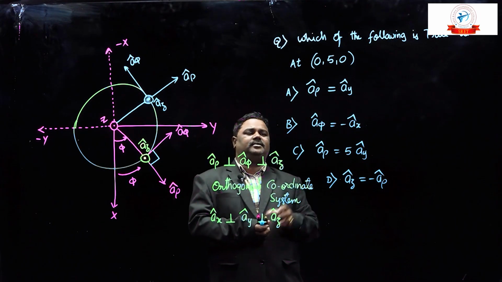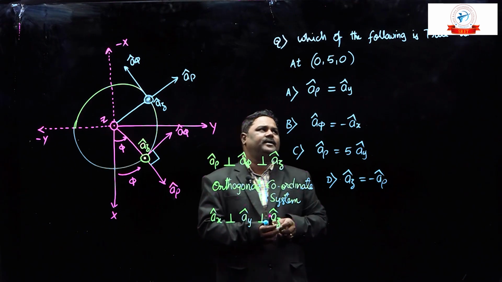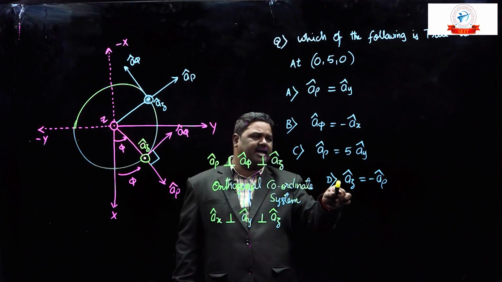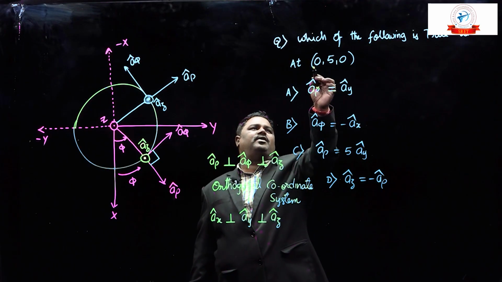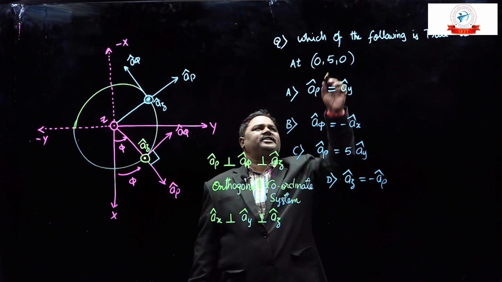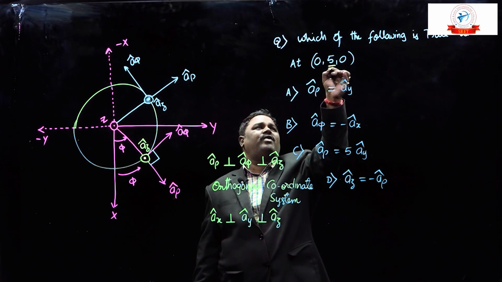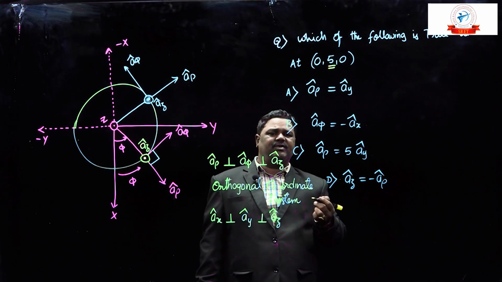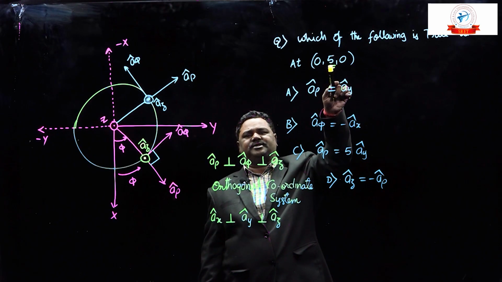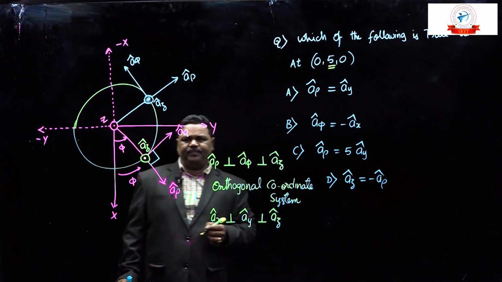So let us evaluate this. Here we need to find which option is correct at the location (0, 5, 0). Where is this point located? Here only the y coordinate is non-zero. When the y coordinate is non-zero, the point must be present on the y-axis. Just see this diagram.